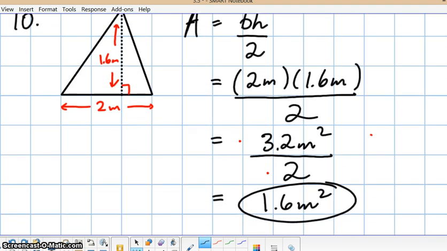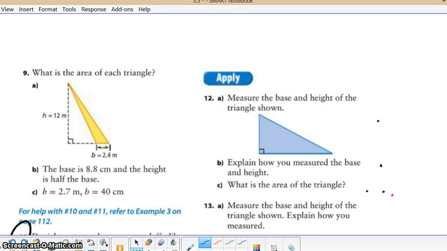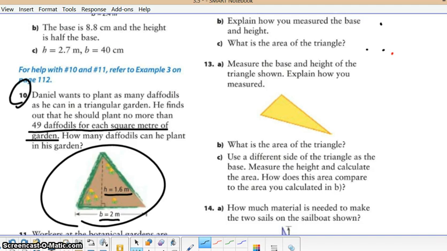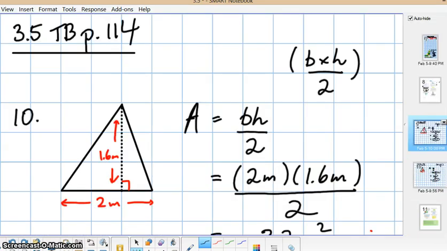Now, remember the question asks though, how many daffodils can he plant in his garden if he can only plant no more than 49 daffodils for each square meter of garden. So going back to the question here.